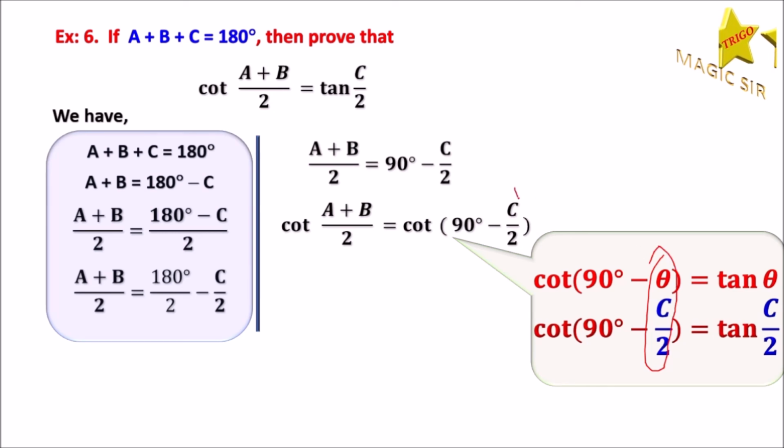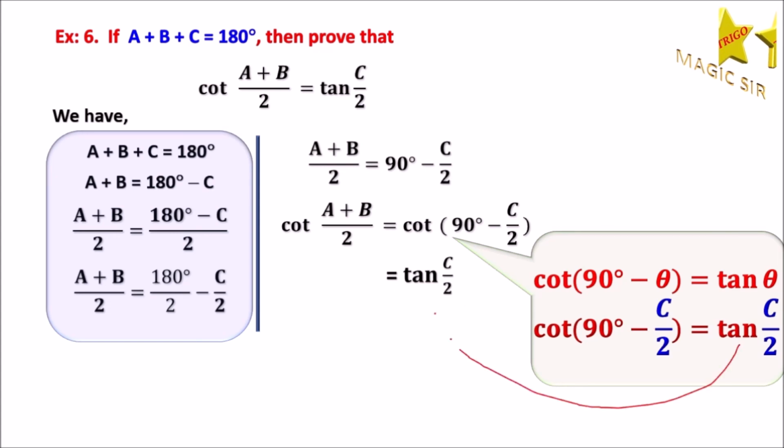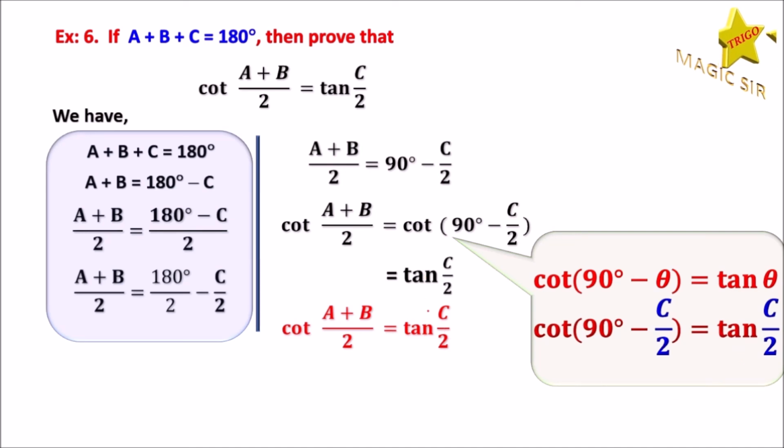We take theta is equal to C by 2. Therefore, cot 90 degrees minus C by 2 is equal to tan of C by 2. Therefore, cot of A plus B by 2 is equal to tan C by 2. Hence, we have cot of A plus B by 2 is equal to tan of C by 2.